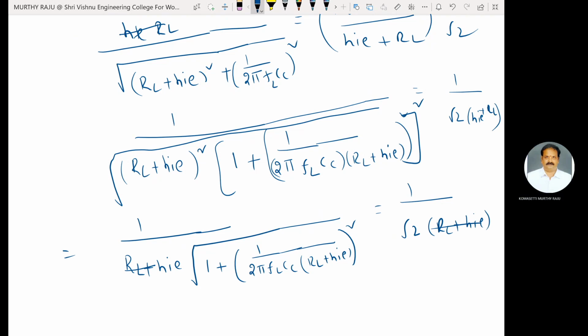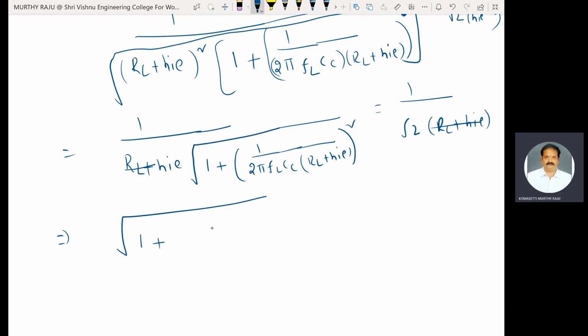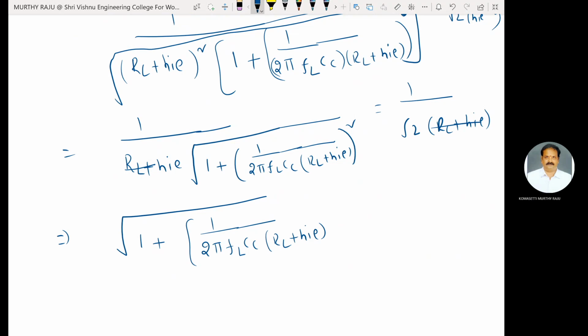These two are cancelled. Therefore, finally root 2 is equal to the square root of 1 plus 1 by 2 pi FL CC into RL plus HIE whole square.